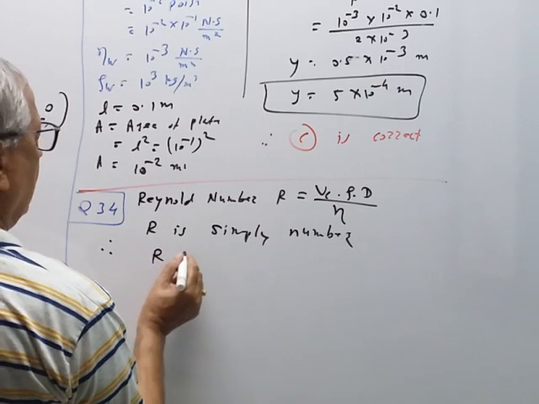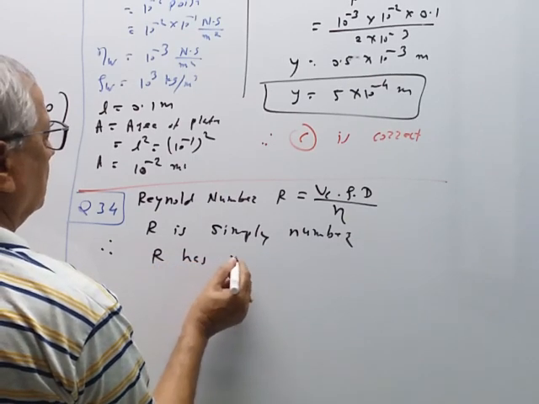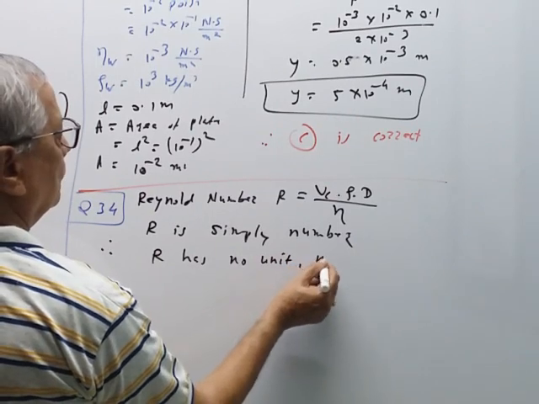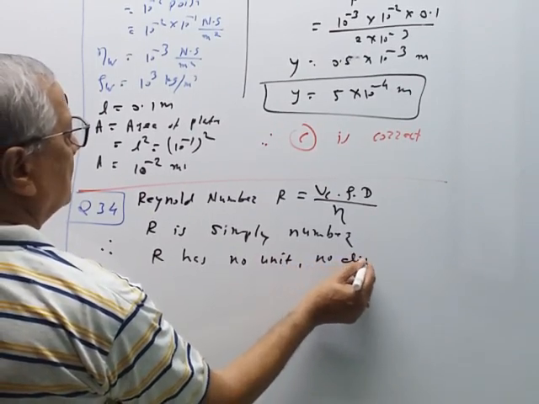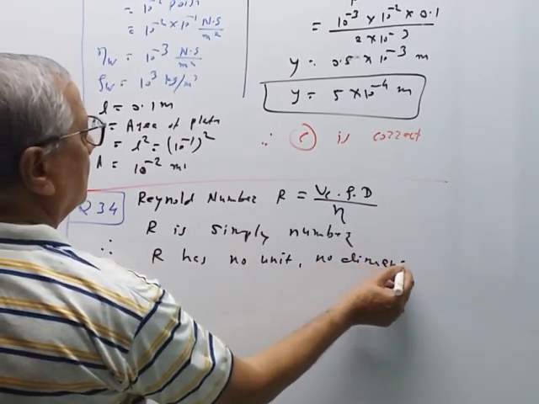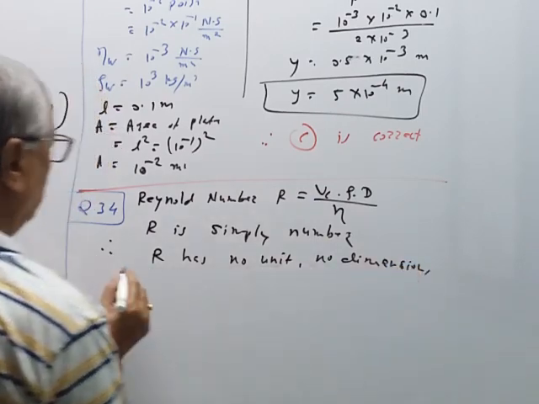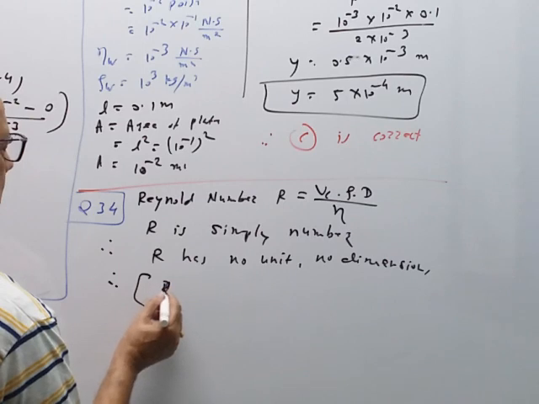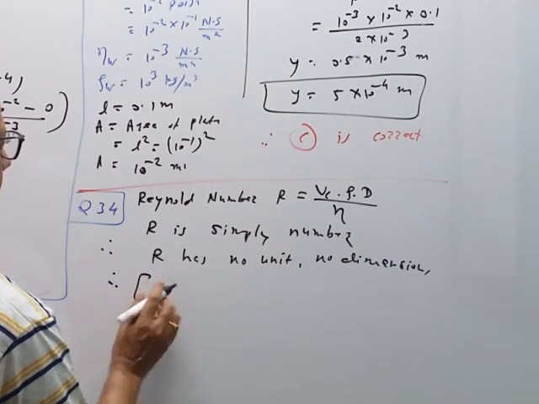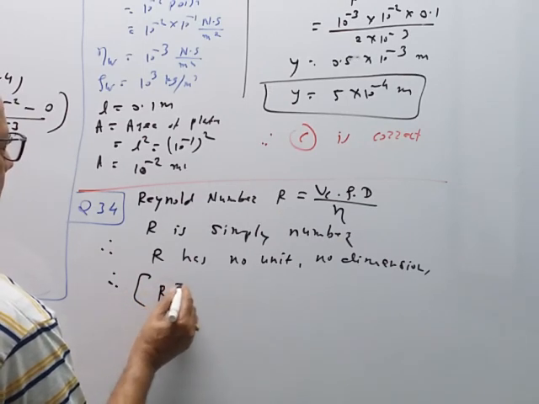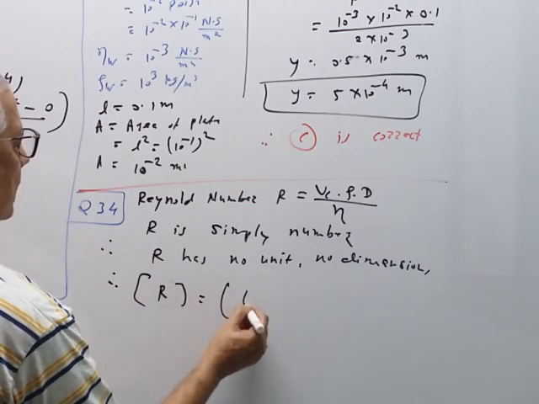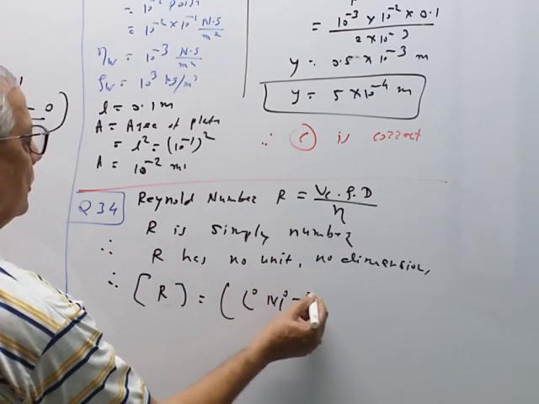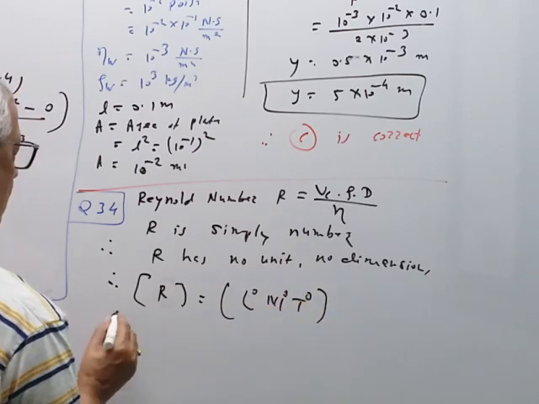Therefore, R has no unit, no dimensions. Therefore, the dimensions of R are L raised to 0, M raised to 0, T raised to 0.